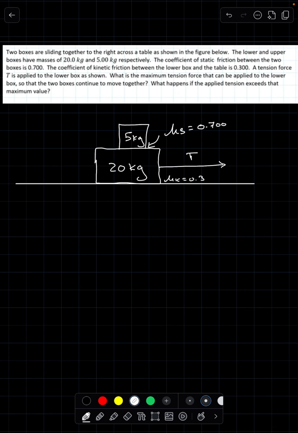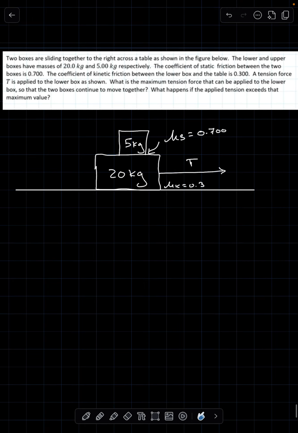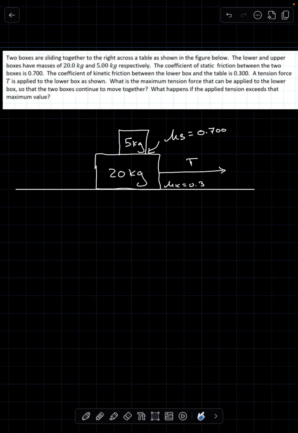Two boxes are sliding together to the right across the table as shown in the figure below. The lower and upper boxes have masses 20 kg and 5 kg respectively. The coefficient of static friction between the two boxes is 0.700, and the coefficient of kinetic friction between the lower box and the table is 0.300.